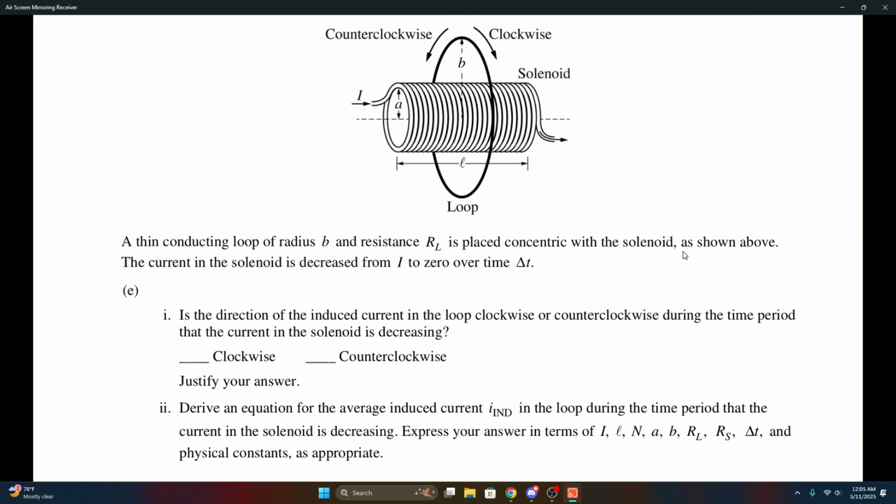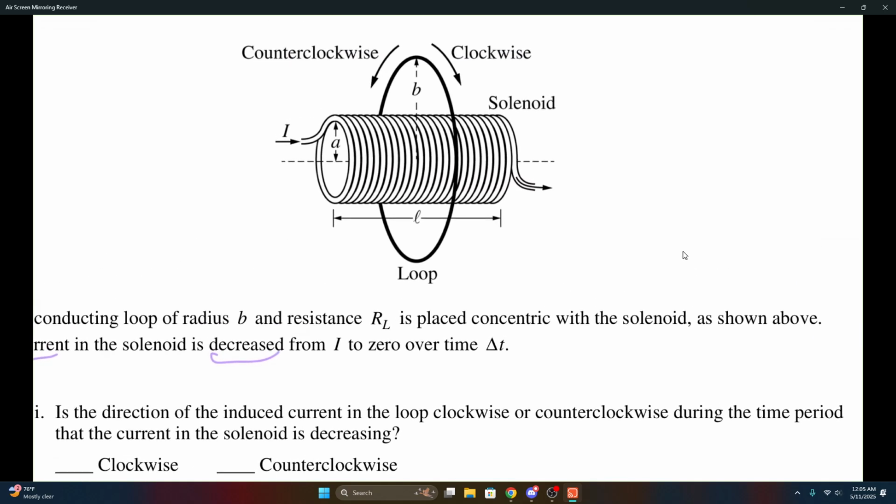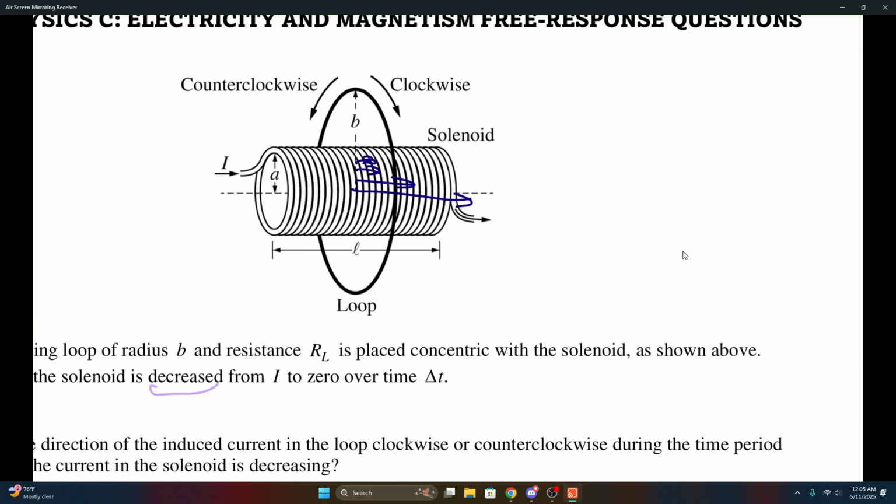Which direction is the induced current, that way or that way? Okay. So the current is decreasing. So it's going from really strong this way, I'll make it a better color so you can see, from really strong this way to weaker and weaker and weaker. Right? So the loop doesn't like that.